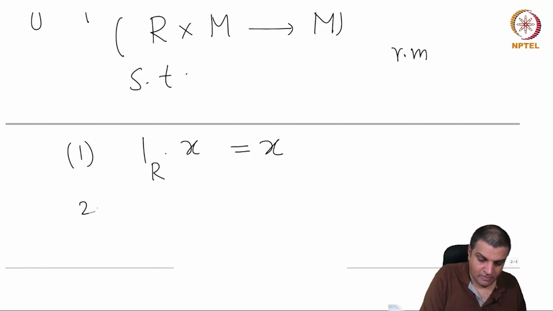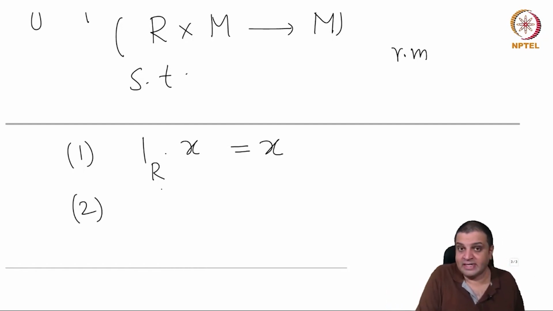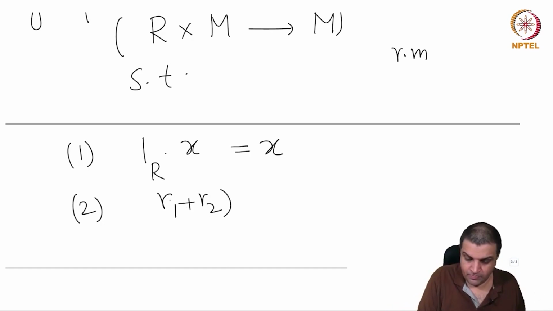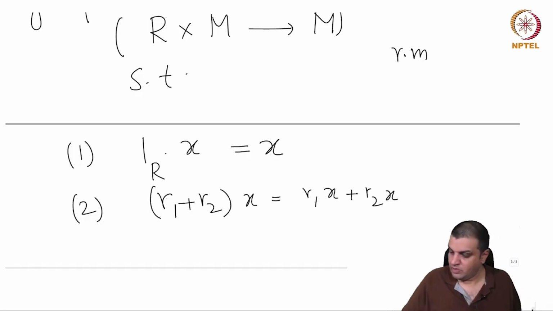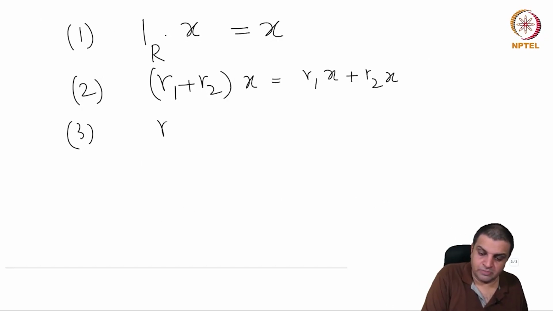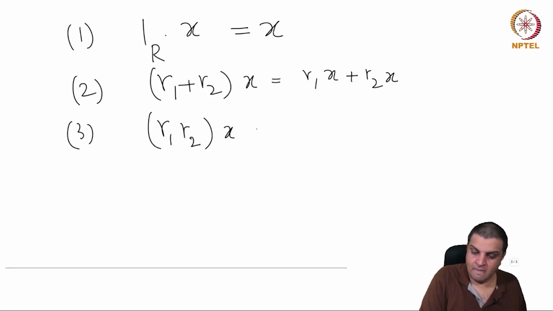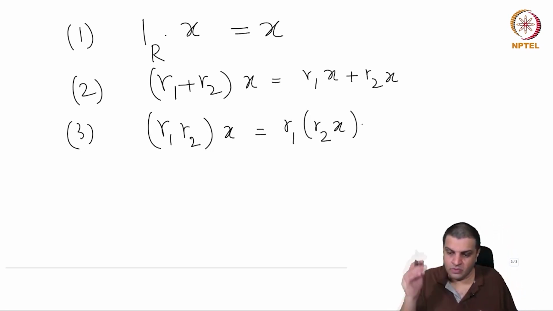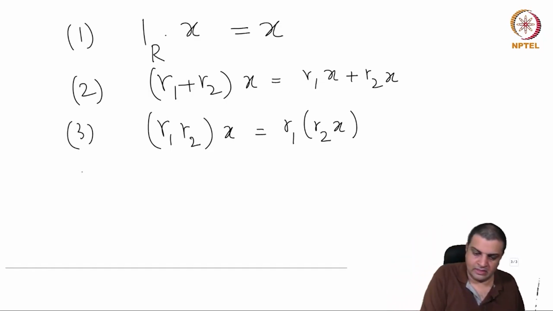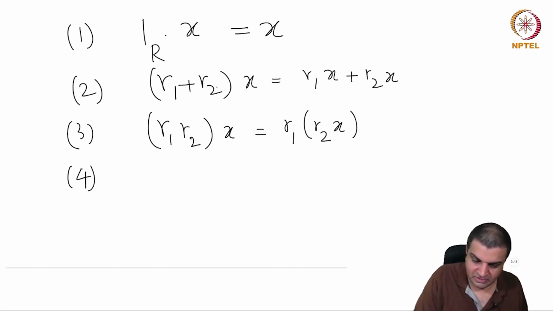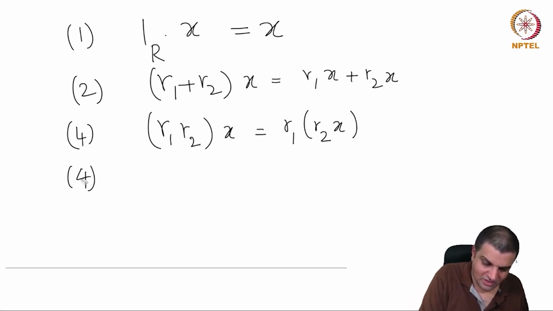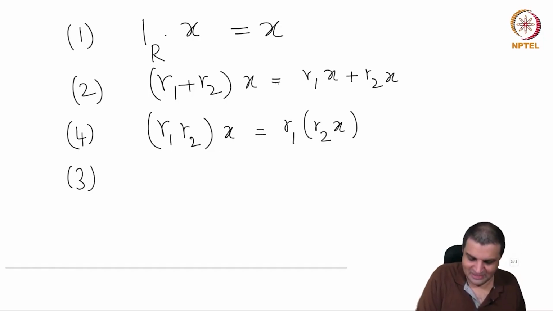Two, it should respect the addition in R. Three, it should respect the multiplication in R. Maybe I should call this 4 and this 3, so that the writing is similar to 2 and not 4.